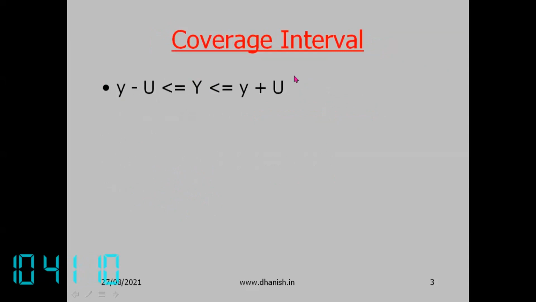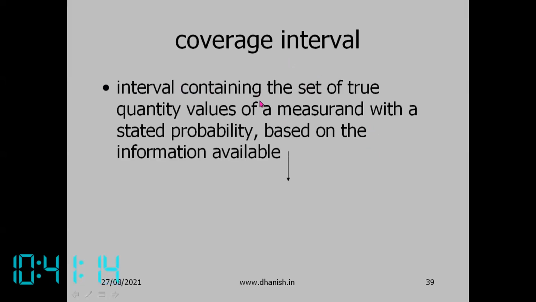So next term is coverage interval. The interval containing the set of true quantity values of a measurand with a stated probability based on the information available. So this is just like a confidence interval. In measurement, we call it coverage interval, so it is the same as a confidence interval.